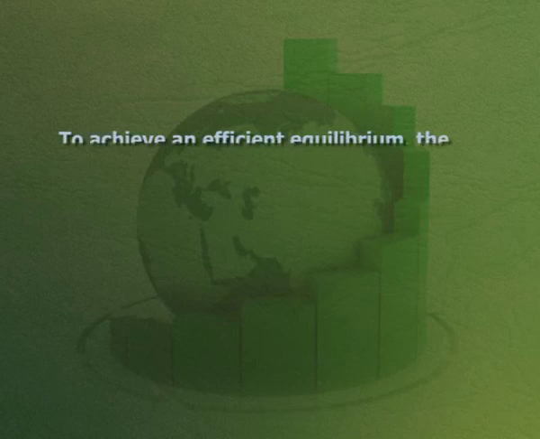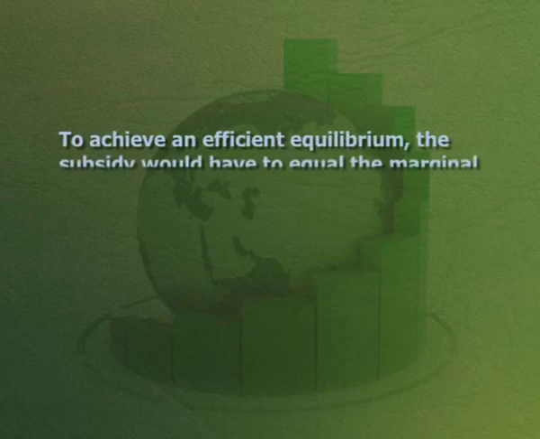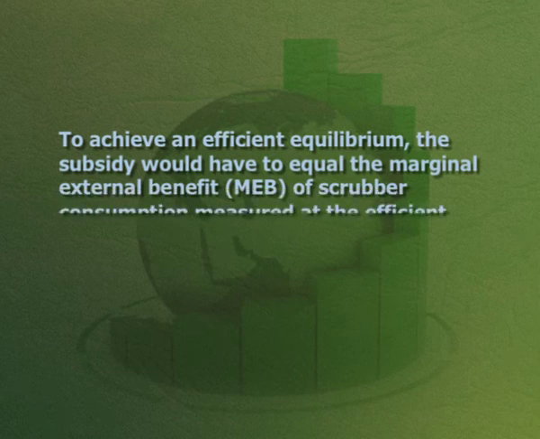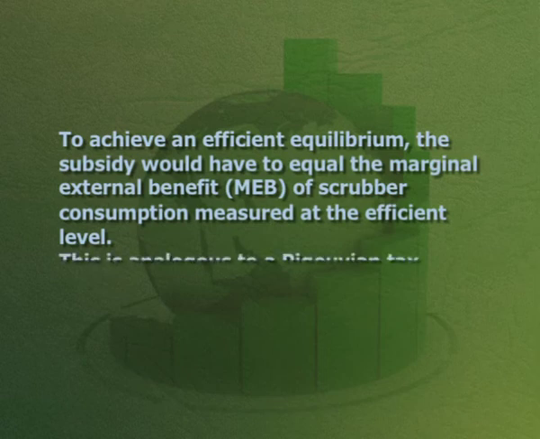If a subsidy were offered for installing specific abatement equipment such as scrubbers, quantity demanded would increase because the effective price would be lower. To achieve an efficient equilibrium, the subsidy would have to equal the marginal external benefit, MEB, of scrubber consumption measured at the efficient level.